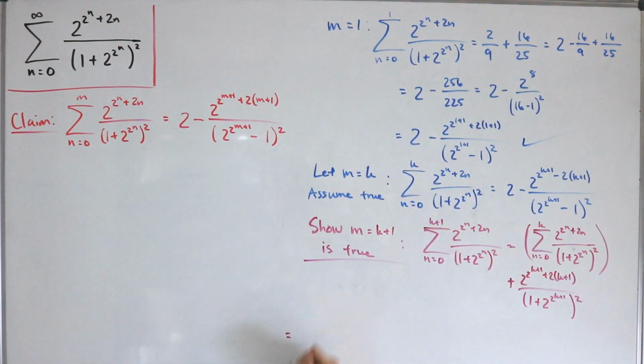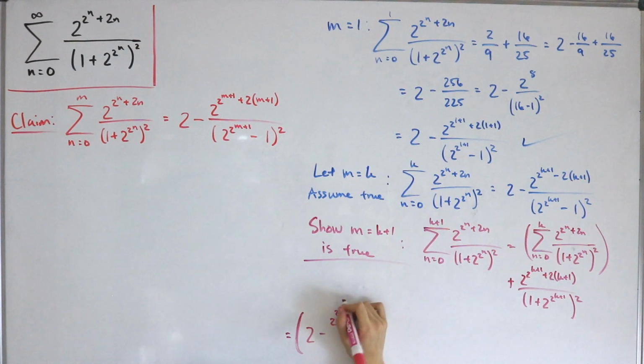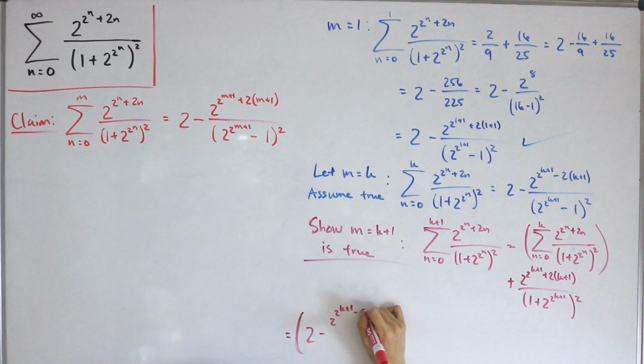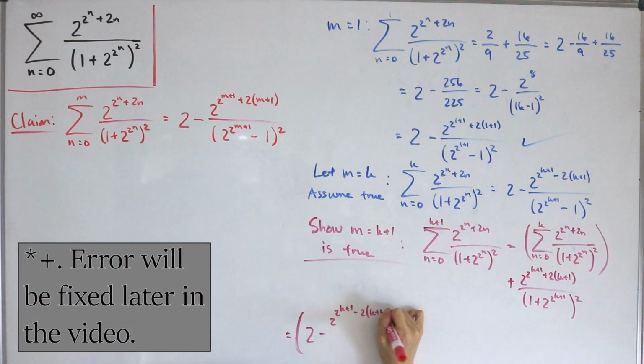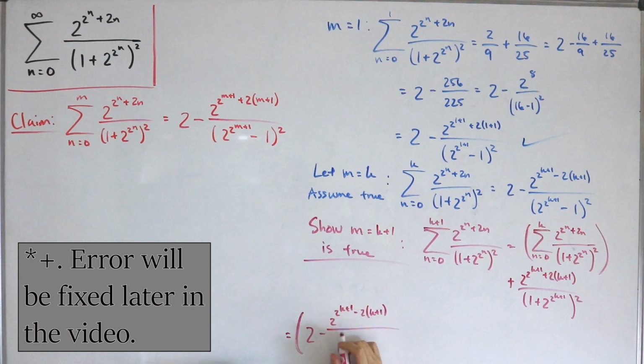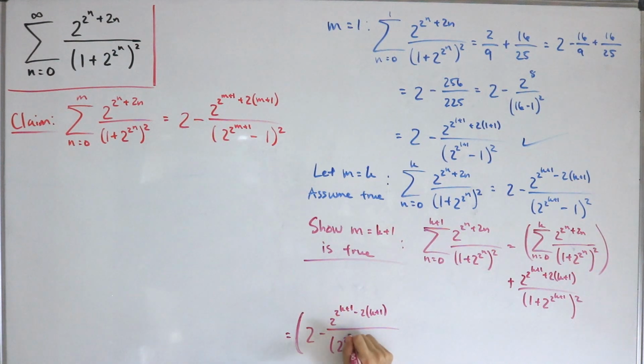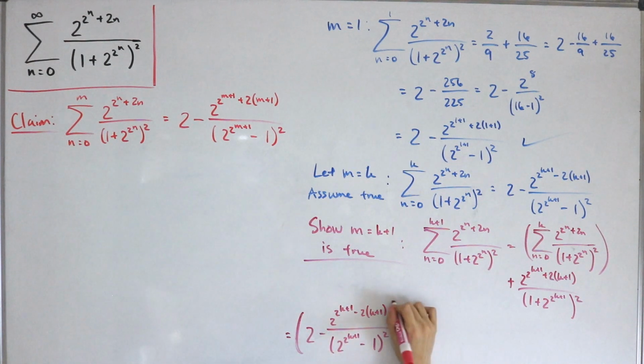Alright, so I still have a little bit of space left, so I'm going to continue forward from there. To continue the expansion, we assume that the n equals k case is true, so we can do that substitution, replace that with 2, then subtract 2 to the power 2 to the power k plus 1, then subtract 2 times k plus 1, all this being divided by 2 to the power 2 to the power k plus 1, then subtract 1, then quantity square.